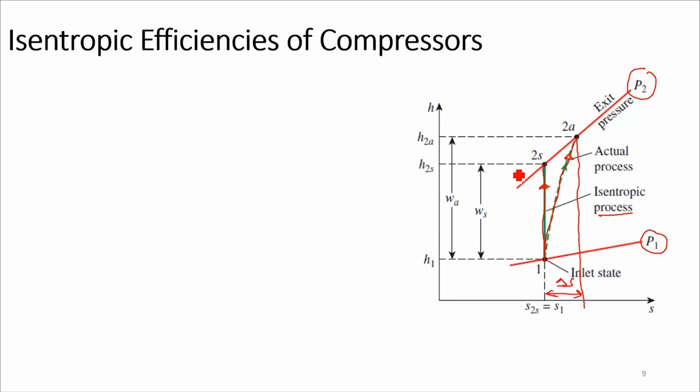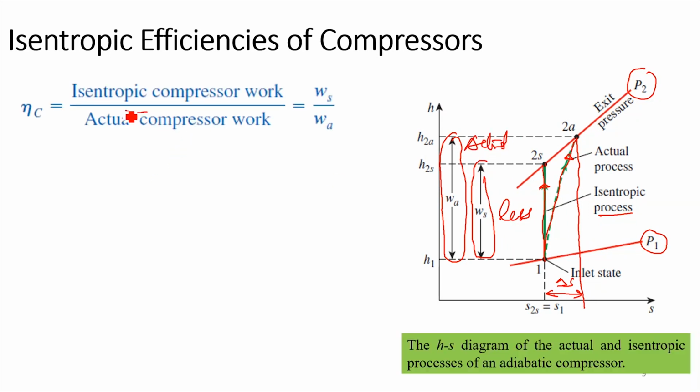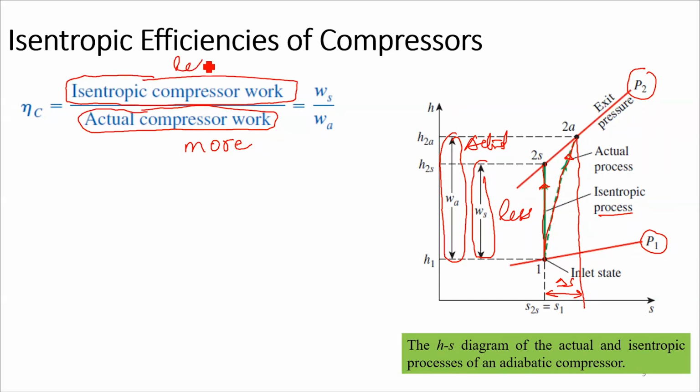In a compressor, since you have to provide work, the isentropic work would be less as compared to the actual work. This is actual. In that case, the isentropic efficiency would be actual compressor work, which is more, with reference to the isentropic compressor work, which is less. So this would exactly be the opposite.